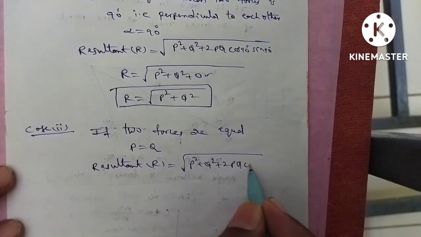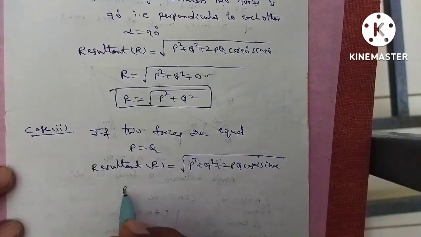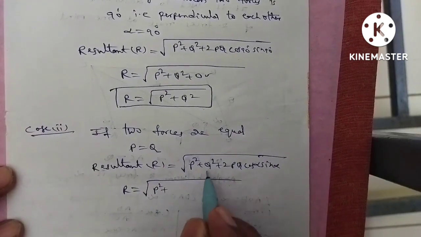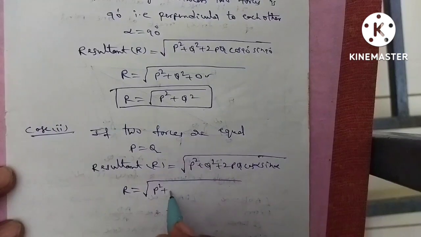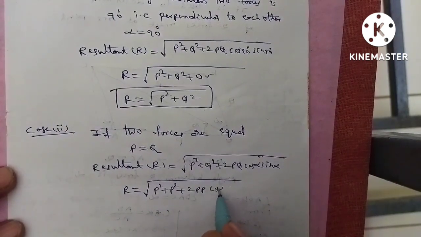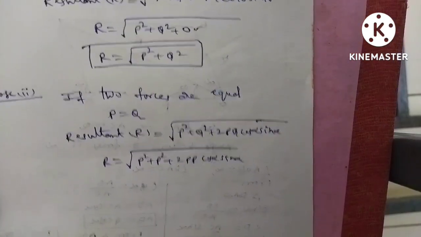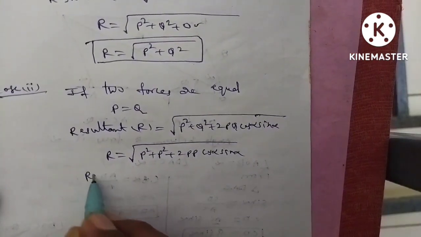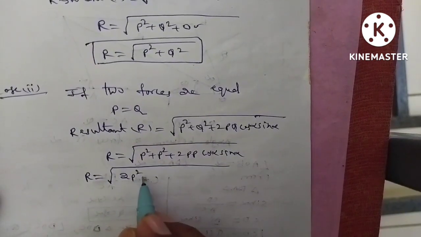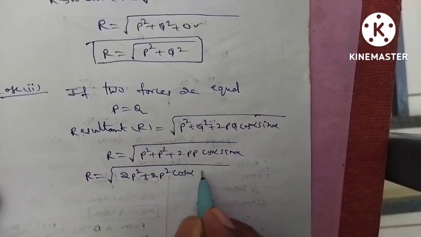Okay. So now R is equal to square root of p square plus p square, because both are equal, plus 2p times p cos alpha. So R is equal to square root of 2p square plus 2p square cos alpha.